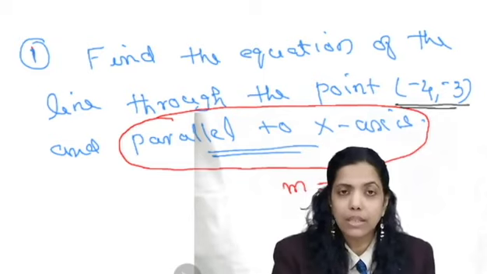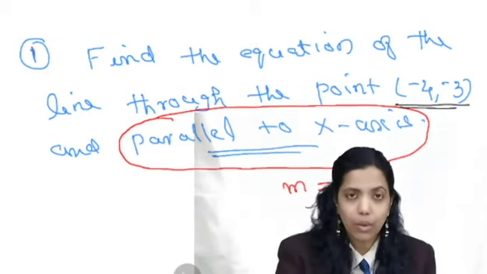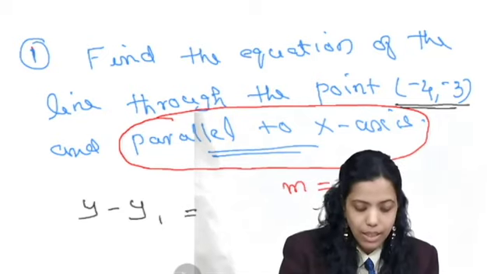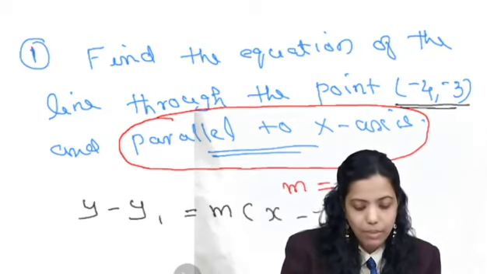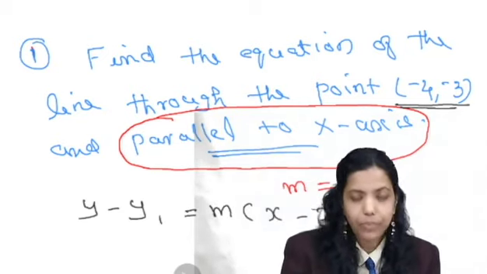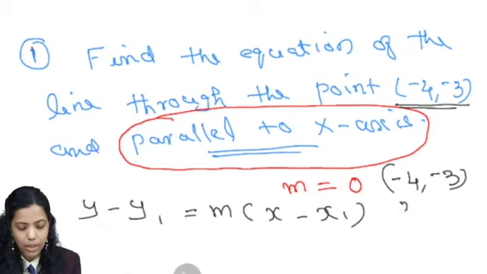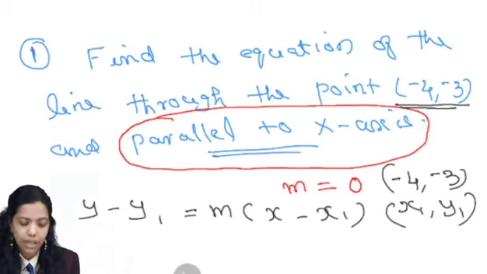Of course it is related to the point-slope form. So here it is y minus y1 equal to M times x minus x1. We can consider negative 4, negative 3 as the point x1, y1 and substitute in our equation.